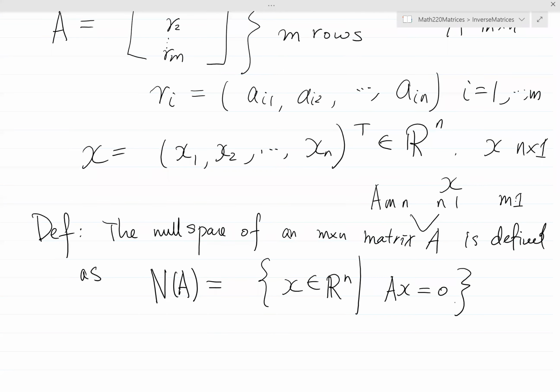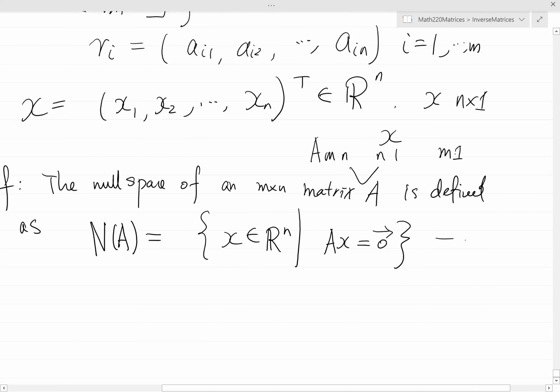We input x to the machine A, and we get 0, where 0 means the zero vector. That is, which inputs to the machine give us 0? You should compare this with the zero of a function. Another name you will see is the kernel of a matrix A. The null space is the same thing as the kernel.